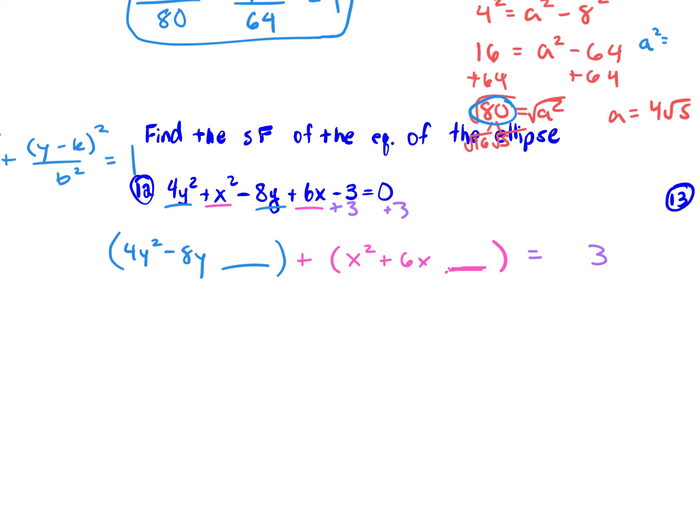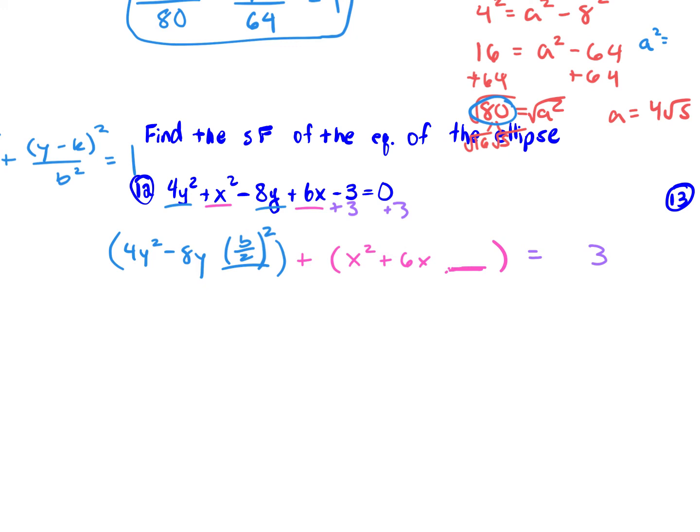All right, step 1. Set it up. Any questions on what we just did? Okay, good. What do we need to put in here to complete the square? Negative b over 2 squared. We always have to be careful though.